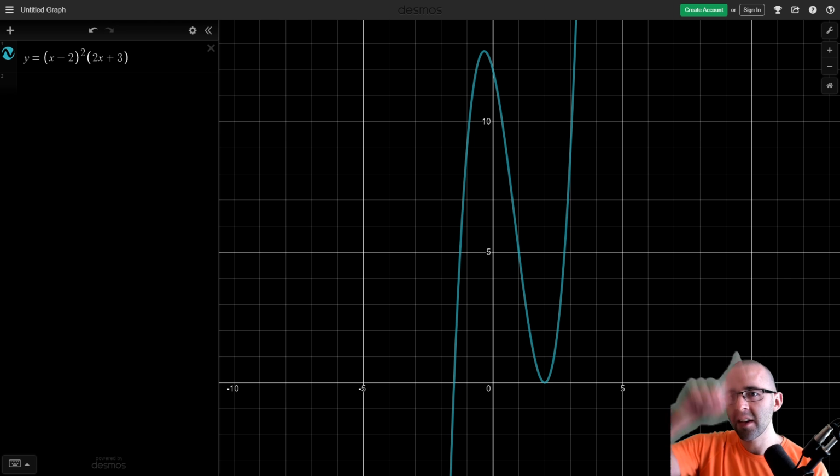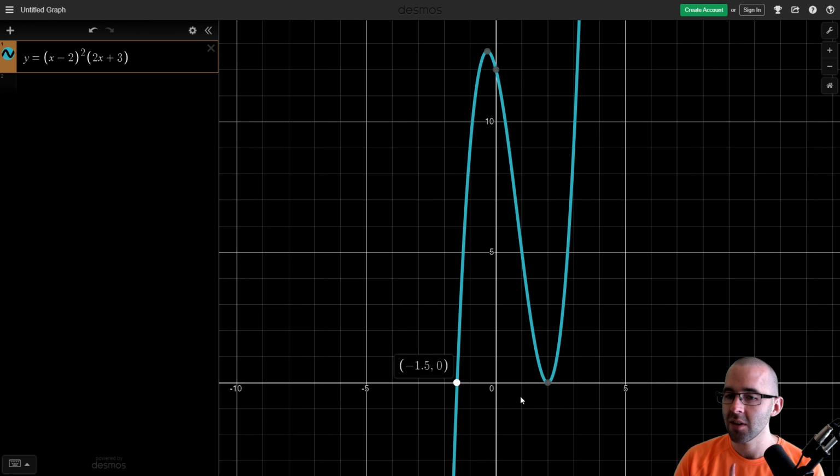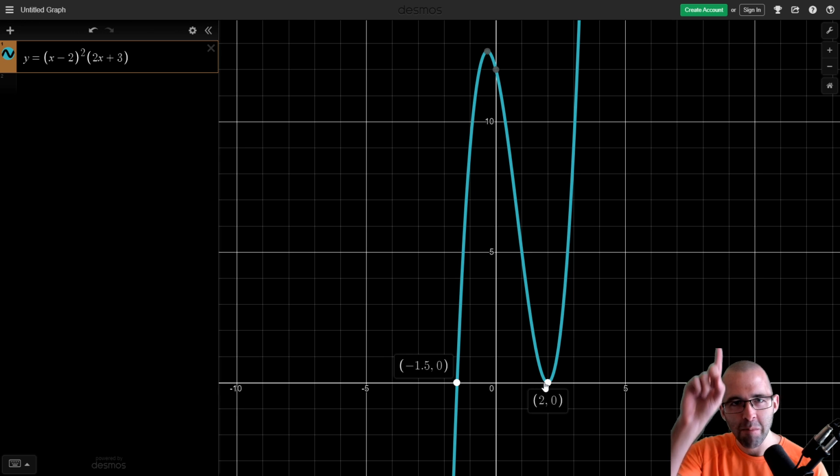So that means at most 2 turning points, at most 3 zeros. We do have 2 turning points here and here, but we only have 2 zeros. That's okay. And again, notice the difference right here at the 0. At the negative 3/2, it crosses. But at the 2, it just bounces off. That's a good way of saying it. Bounces off.